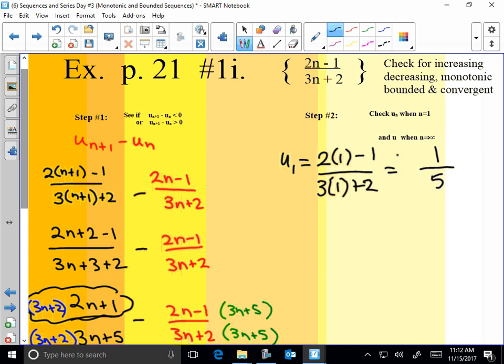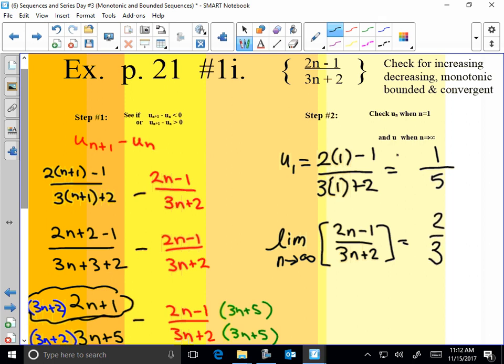Increase. Let's find the limit as n goes to infinity of our sequence. Where does that go? What does it approach? 2/3. So is this bounded? Yeah, it's bounded between those two values.